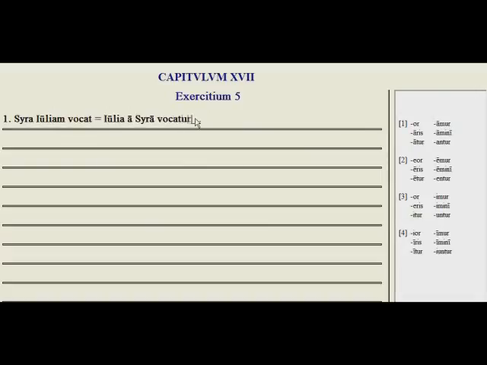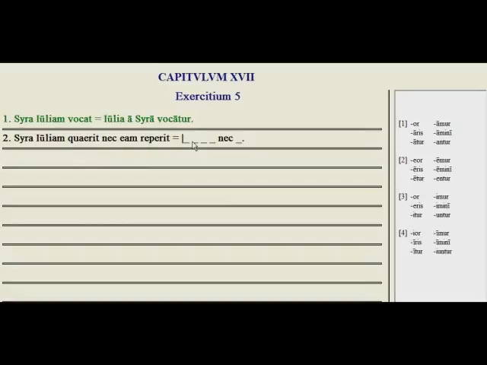Sira seeks Julia, nor does she find her. So here we want that Julia is sought by Sira, nor is she found by her.